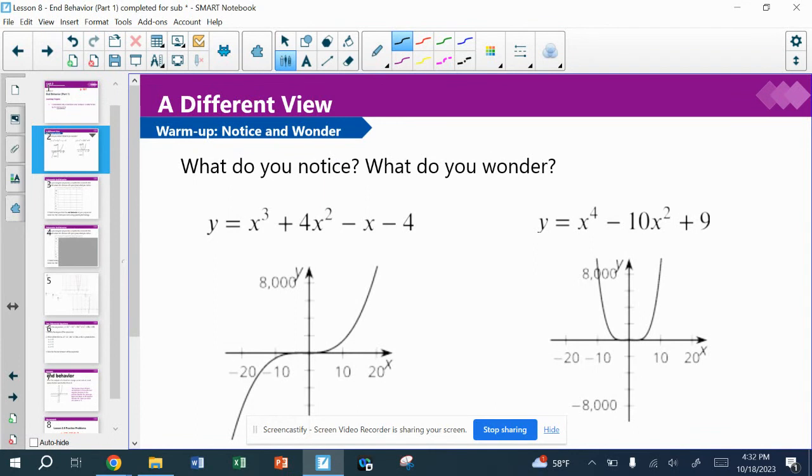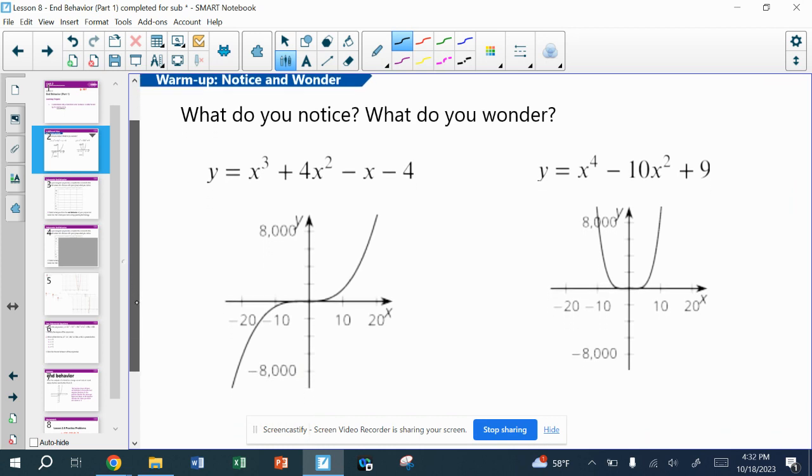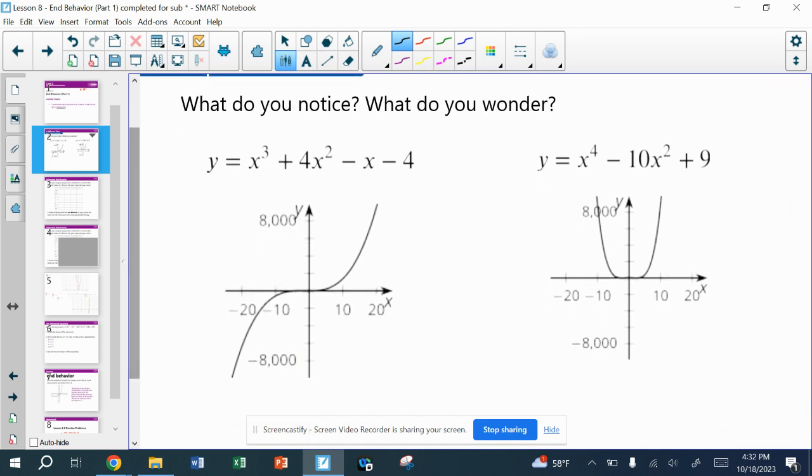So for our warm-up today, this notice and wonder, since I'm not there for you to notice and wonder, I guess I have to notice and wonder all by myself. Looking at these two graphs, I want you to pay attention to the fact that the exponents, the powers, or the degree of both of these are larger degrees.